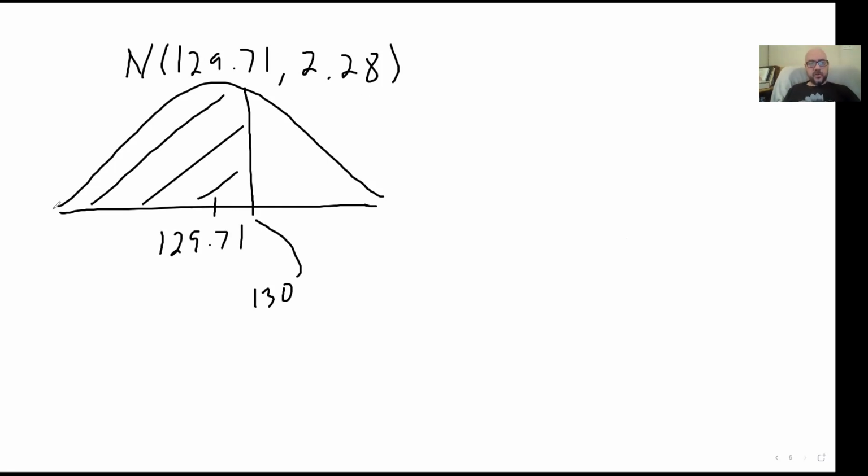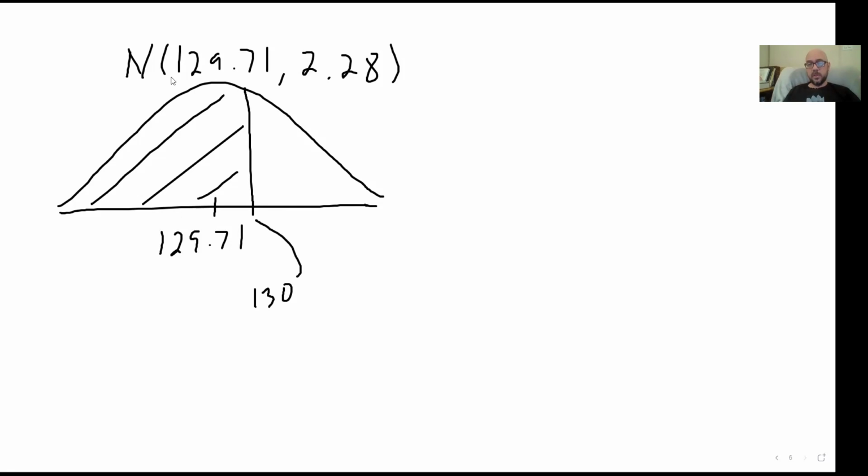So we're going to use normal CDF because we're looking for an area. We could do minus infinity up to 130, but I feel a little better doing 0 up to 130 personally, because you can't have negative lap times. That just doesn't make any sense. If you did negative infinity, it would give you exactly the same answer. Your calculator's not going to be able to tell the difference.